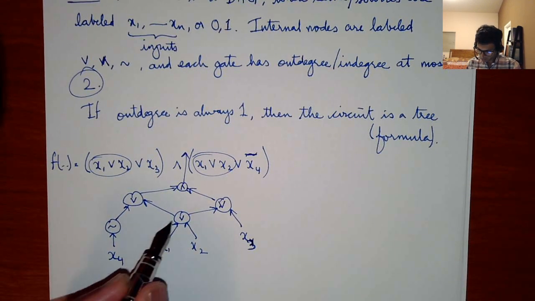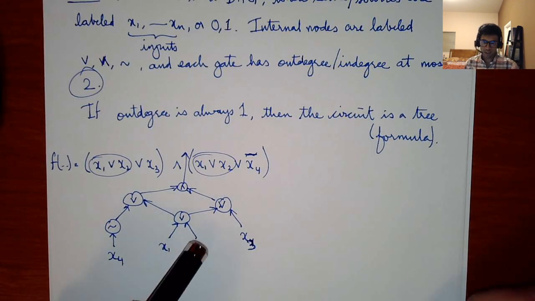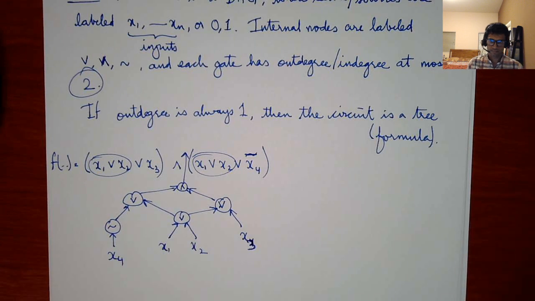Right, so it allows us to reuse this x1 or x2. If you had to make this a tree, then there would be 2 copies of that gate. So circuits are smaller than, or can be smaller than formulas.